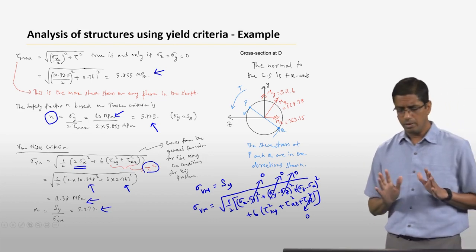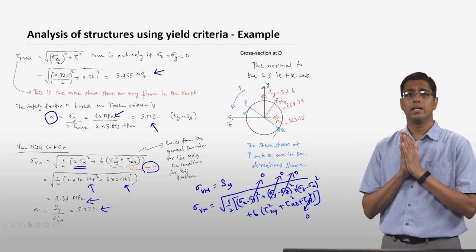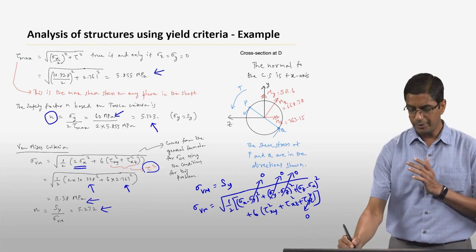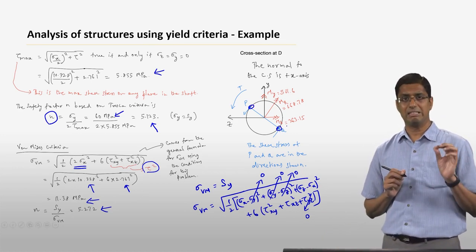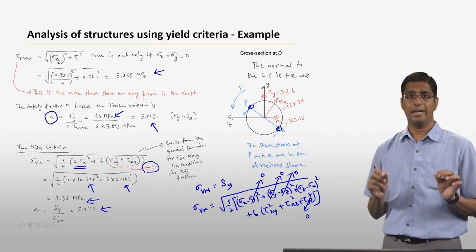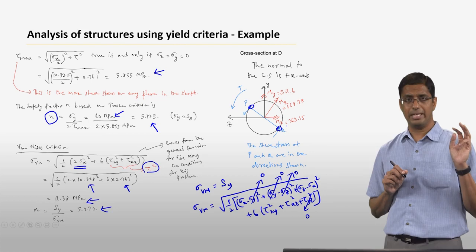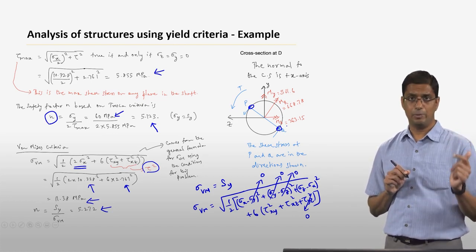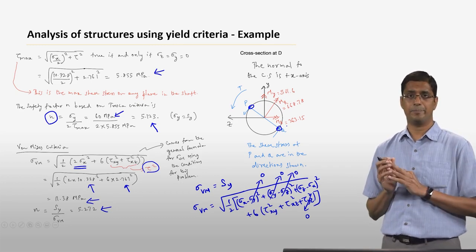The only thing that I want to emphasize again is that when you have a point like P or Q, the stress state at that point is not strictly two-dimensional based on the coordinate system that we have. At point P, you are going to have a sigma x, a tau xz, and a tau xy. So it appears like it is a three-dimensional stress state.